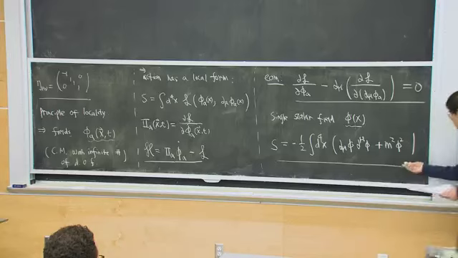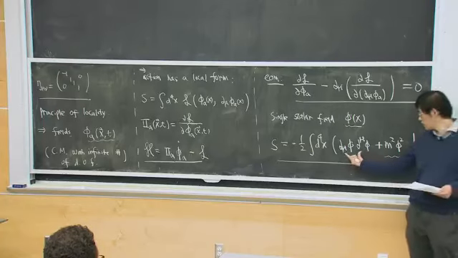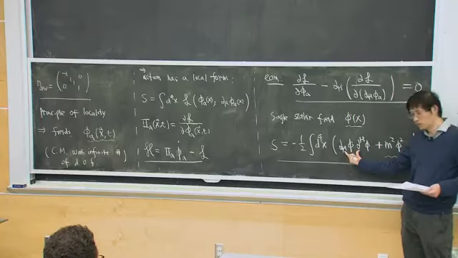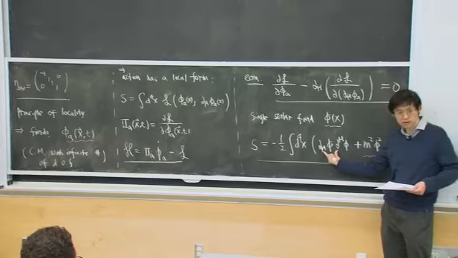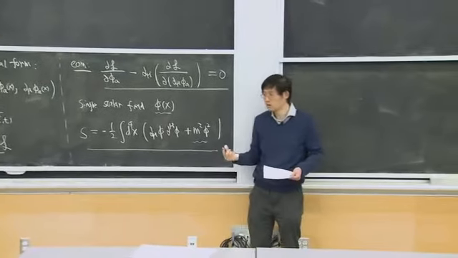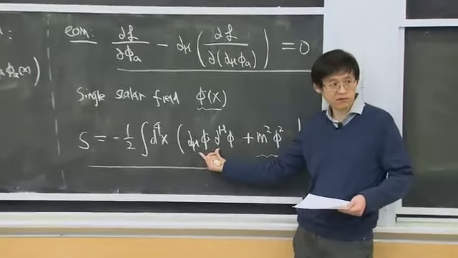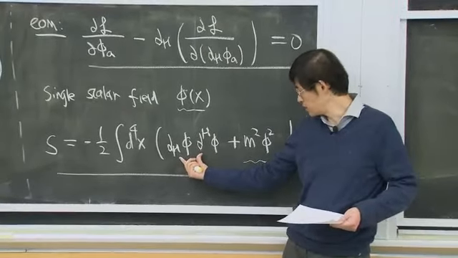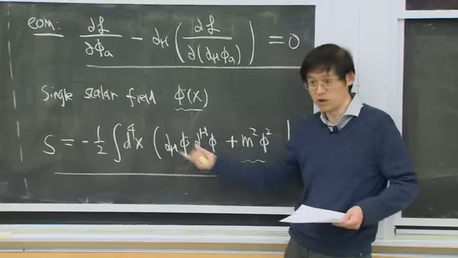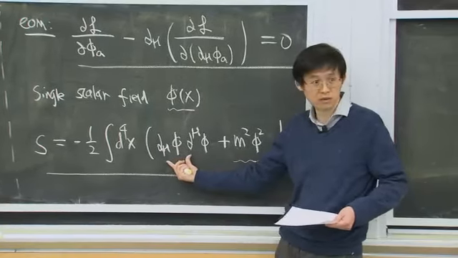Here I have written a quadratic function for phi, which we wrote as a general function last time. The kinetic term comes from the Lorentz symmetry. This is the simplest derivative term you can write down which respects Lorentz symmetry. You can have more complicated terms, for example this term squared, but that will be more complicated. So this is the simplest one.